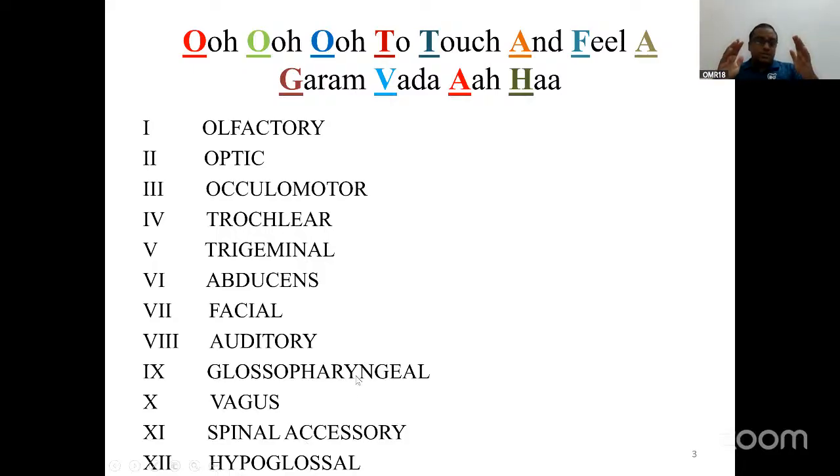So this is a method by which you can remember. There may be different mnemonics also. Please learn in whatever format you can, but this is the way you should know. If you just take a screenshot and learn this 2-3 times, it's very easy. Now you see that the first three, olfactory, optic, oculomotor, all start with O.